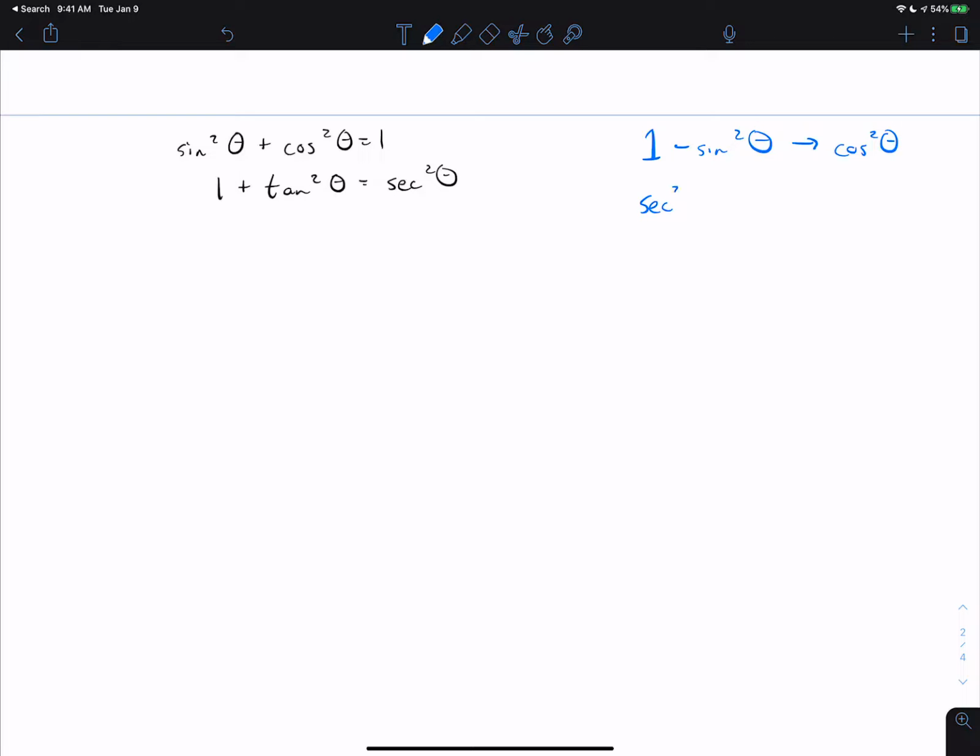Secant squared minus 1 can be replaced with tangent squared theta. And 1 plus tangent squared theta can be replaced with secant squared theta.